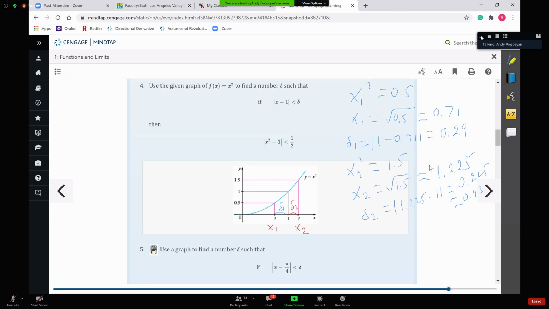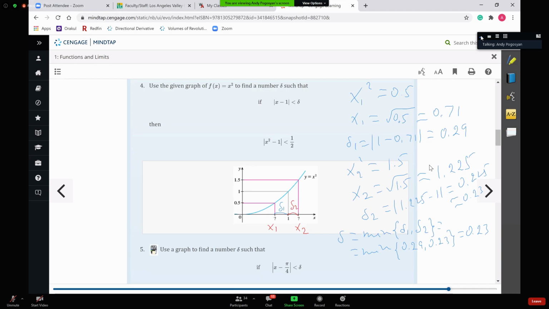Now, which one is the smallest one? Delta should be the minimum of delta 1 and delta 2, which is the minimum of 0.29 and 0.23, so it would be 0.23.